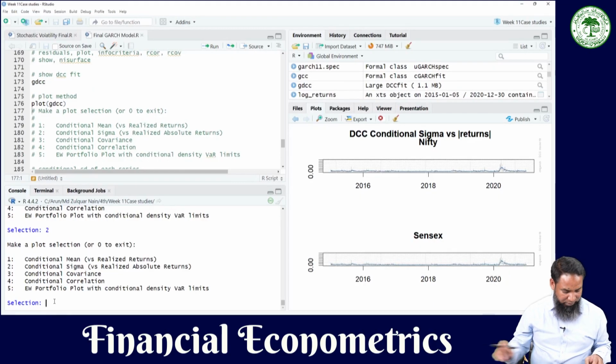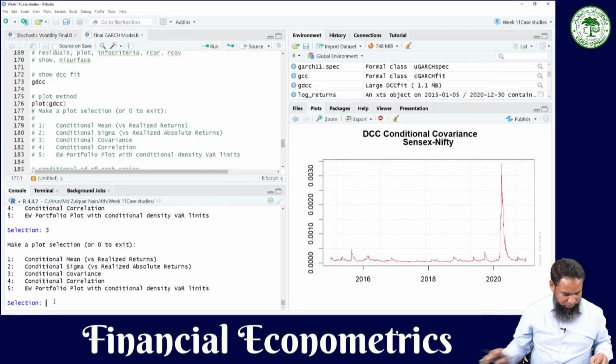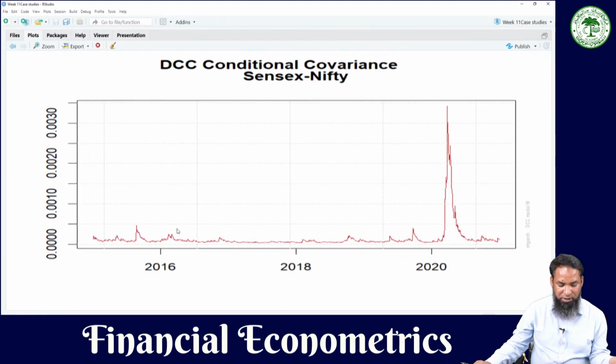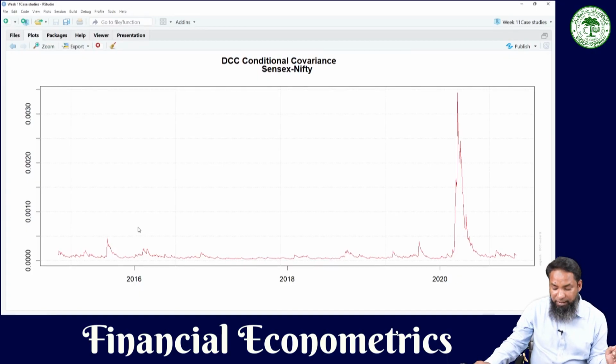Now let us see the conditional covariance here. This shows the conditional covariance. Again, whenever we have high fluctuation, if you remember the original data plot, it is able to capture those variations in the original data.